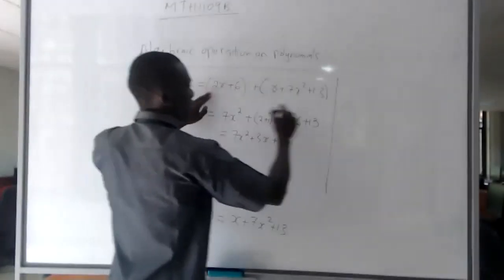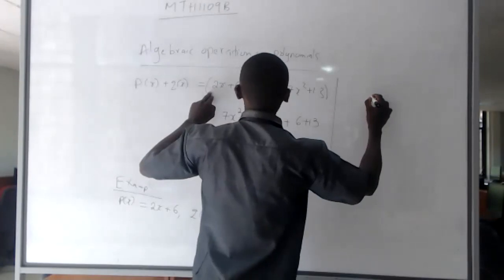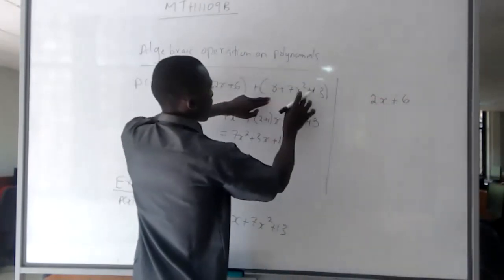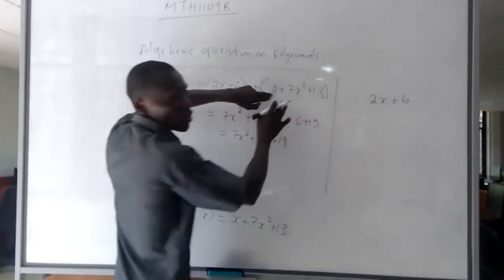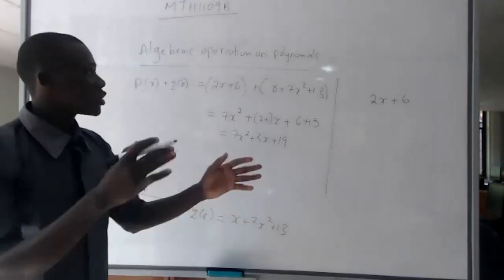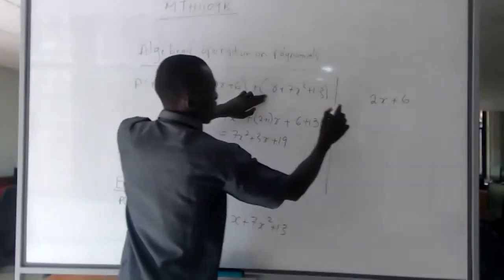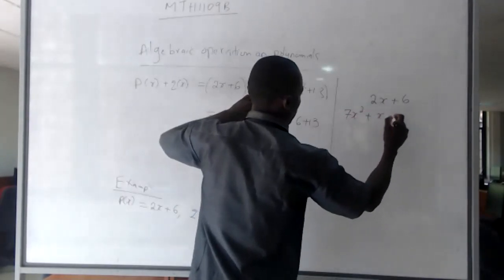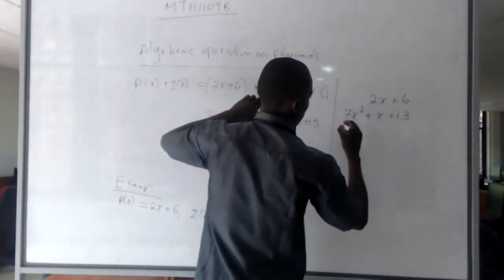Right, I want to do it vertically. So this is the same as 2x plus 6. And this side, we can rearrange this. We know that addition is commutative. When you add 2 to 6, it's the same as adding 6 to 2. So I could write this as 7x squared plus x plus 13.